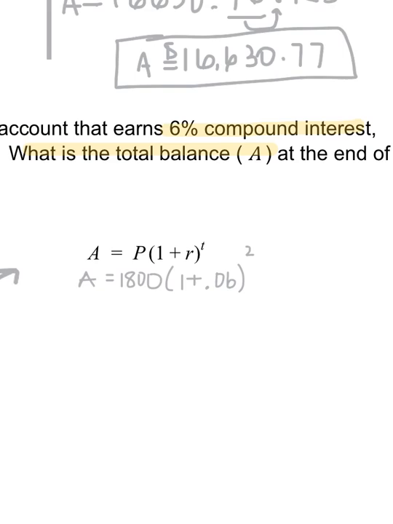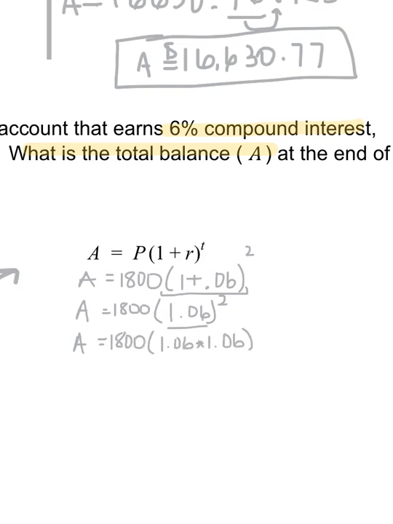And so from here, remember, order of operations, parentheses will go first, but I'm going to bring down everything else on the left of it. And when I add 1 plus 0.06, I get 1.06. Bring down the exponent of 2. Now the next thing I need to do is my exponent. Exponent of 2 means take the 1.06 and multiply it out 2 times.